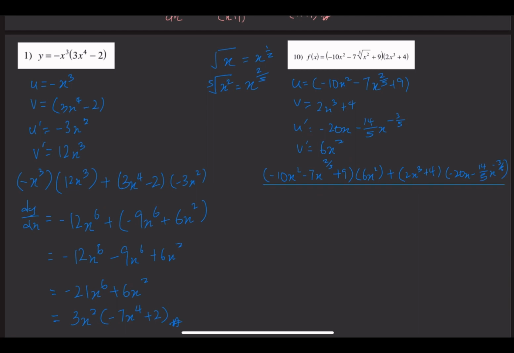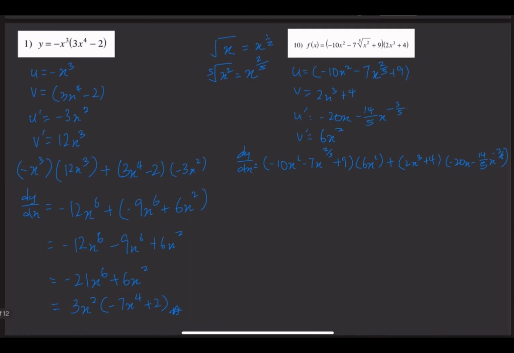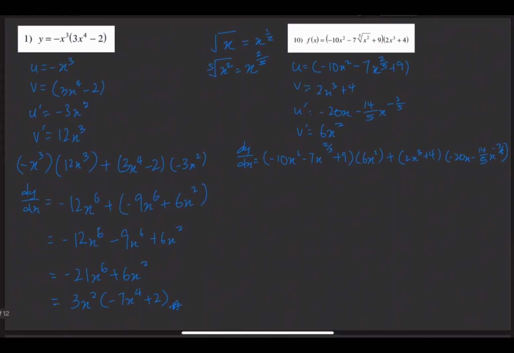Divided by second part. Sorry, my bad. That's it, right? And now, if you want to simplify it, you could simplify, but it'll probably take a bit of time, so I won't be going through this in the video, but you can take your time to simplify it. But that is really the gist of using the rules, right?